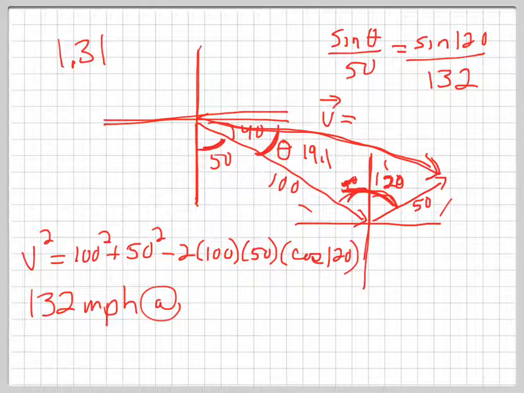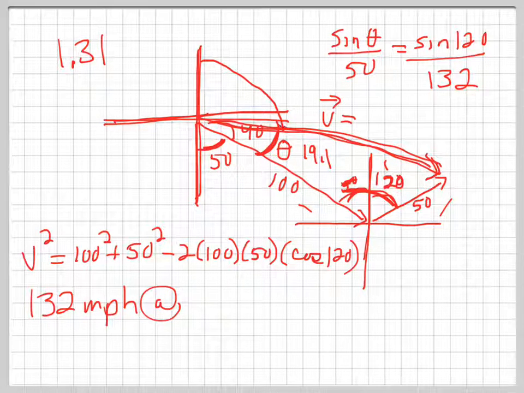Now, how do I figure out where this vector is, though, from this grid? Well, I want to do it from north. So I want to go around from here down to there. How do I do that? Well, I know it's 40 from here up to here, right? And it's 19.1 in here. Okay?